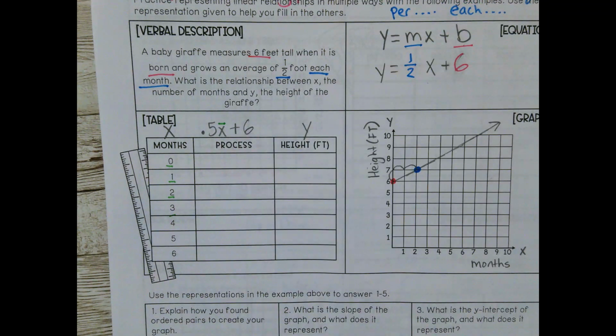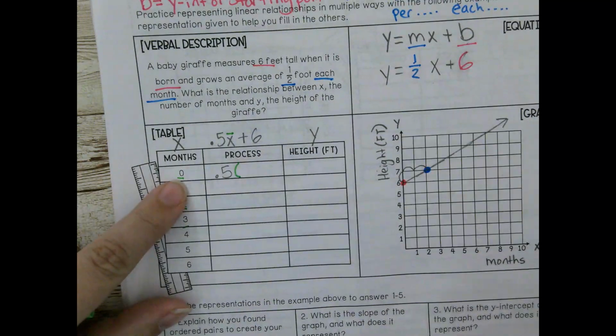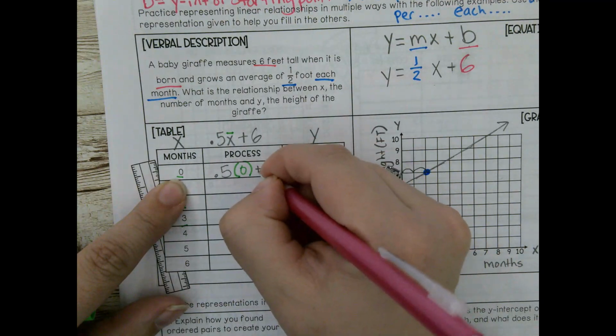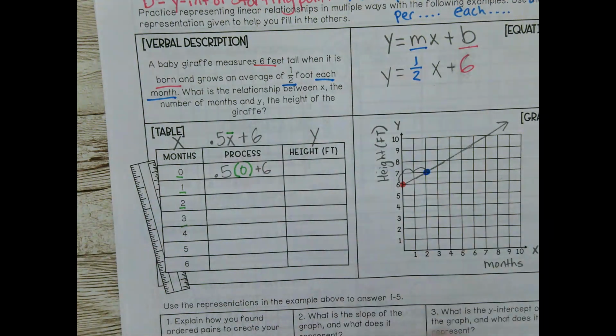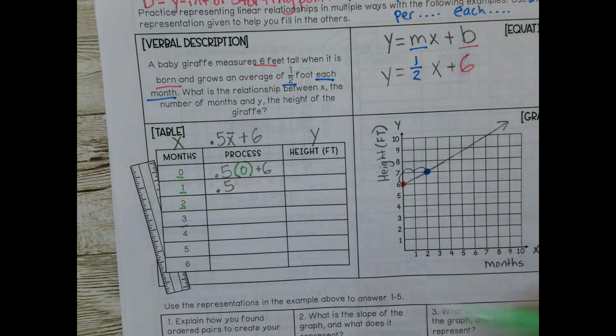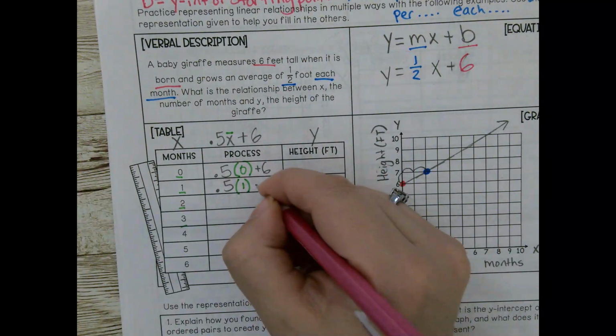We're going to replace the X. So the 0.5 is fine. And then we replace the X with which number first? 0. Then we do plus 6. And then we do it again. 0.5, and instead of X, I'm going to put 1 plus 6.